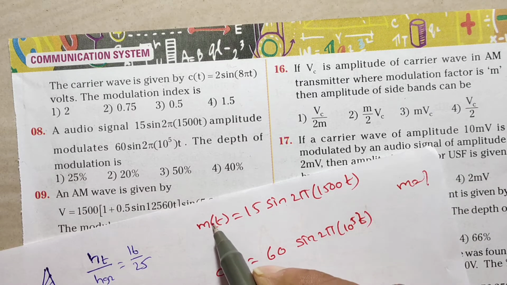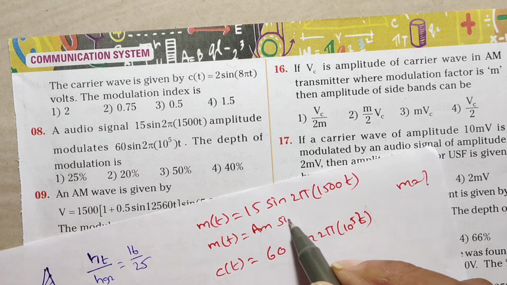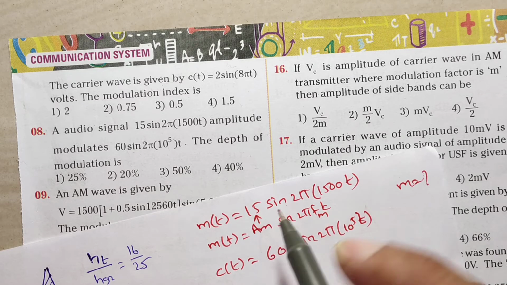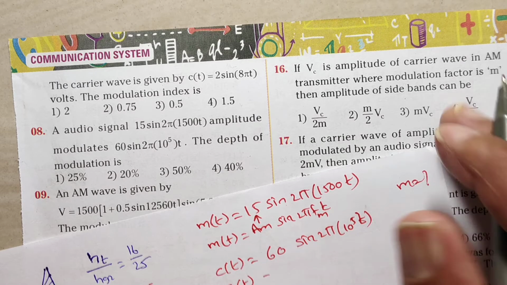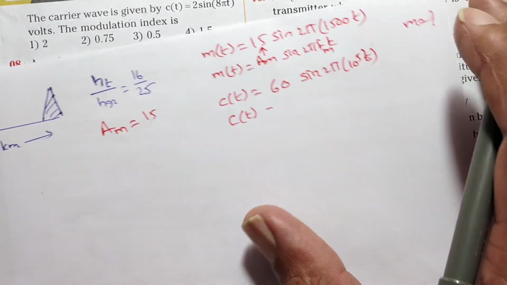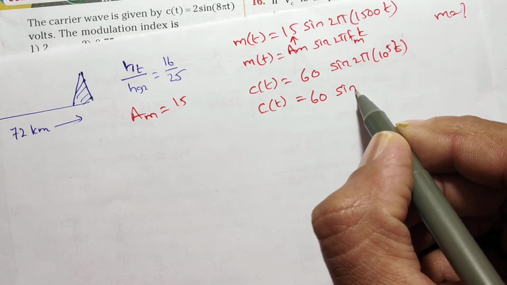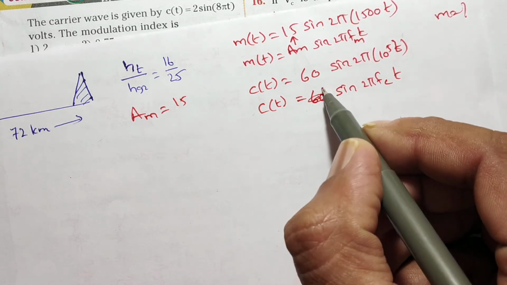Compare this message signal m of t with AM sine 2 pi fm t. That means the AM value we are getting is 15. Similarly, C of t is equal to 60 sine 2 pi fc t.